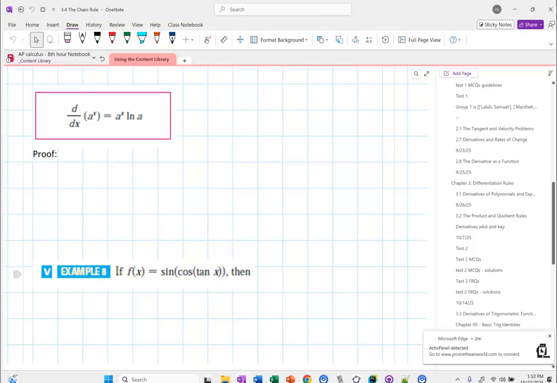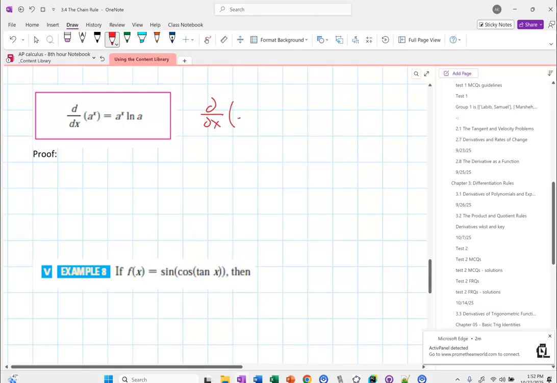Just to make sure, we already have a derivative rule for e to the x. Let's just make sure that this rule still satisfies e to the x. This is like a more general version.